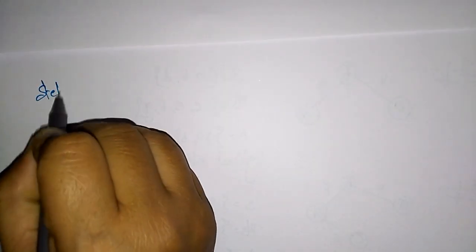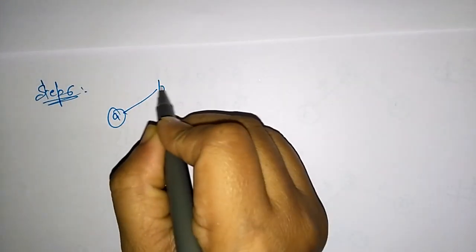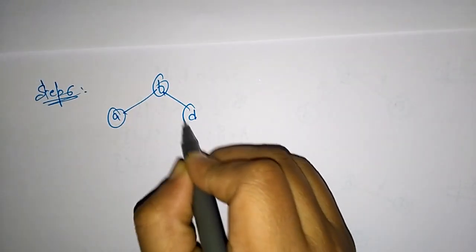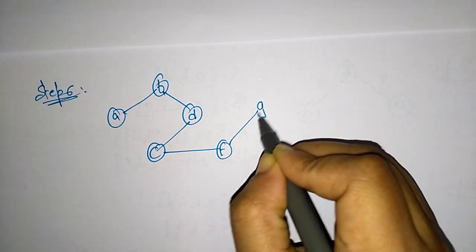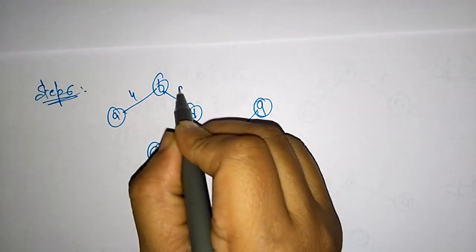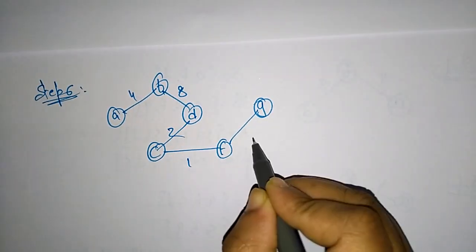Okay, so let me write that. Step 6 is A, B, D, C, F, G. So this is 4, 8, 2, 1, 2.